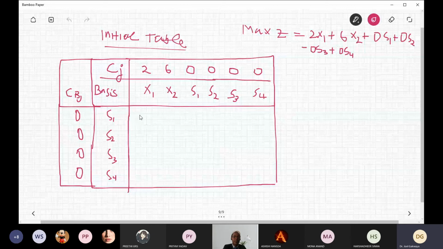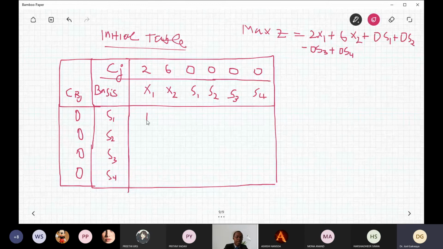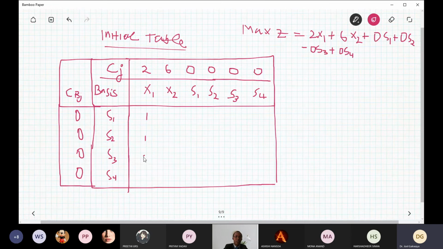For the first constraint, x1 is equal to 1. For the second constraint, the coefficient is 1. The third constraint, it is not there, so it's a 0. For the fourth constraint, it is 1. It was a minus 1, but when we multiply by minus 1, it has become 1.